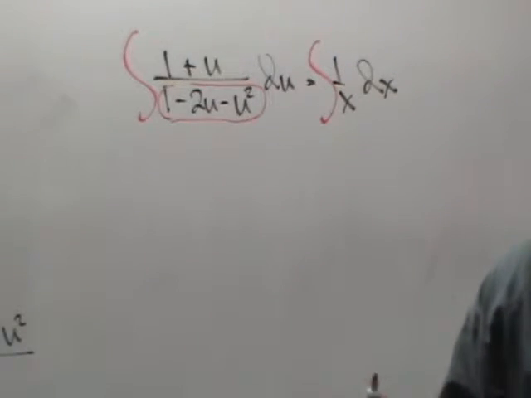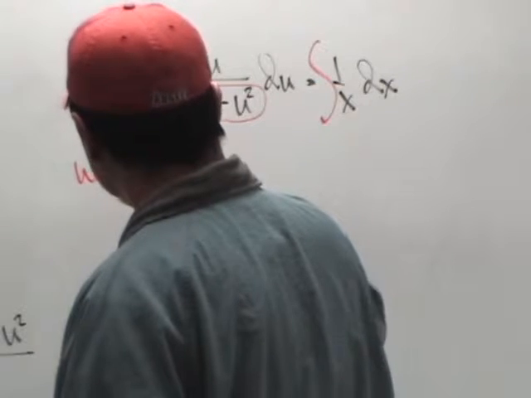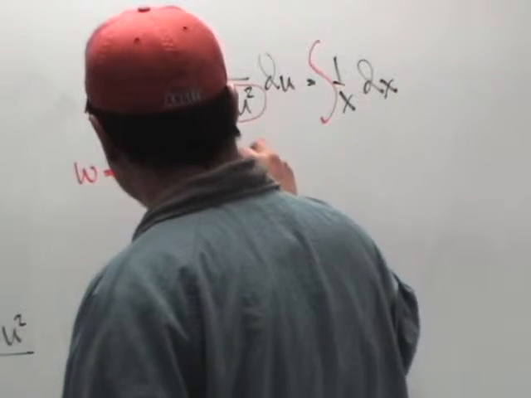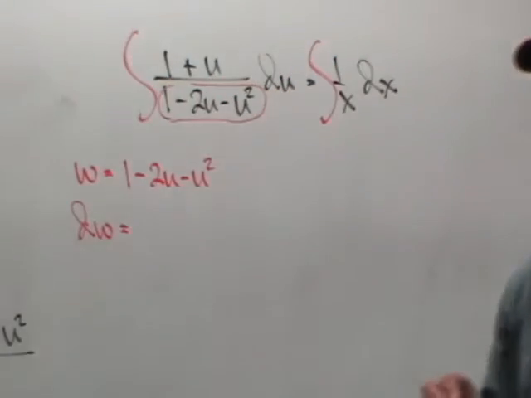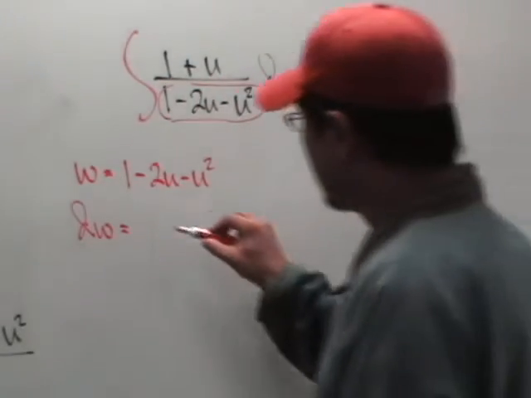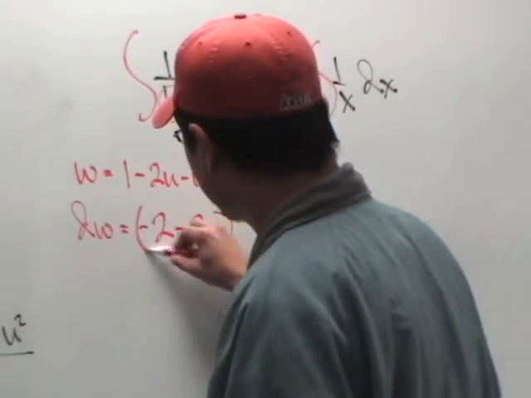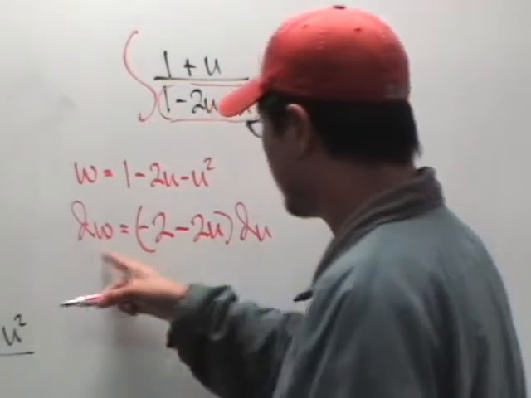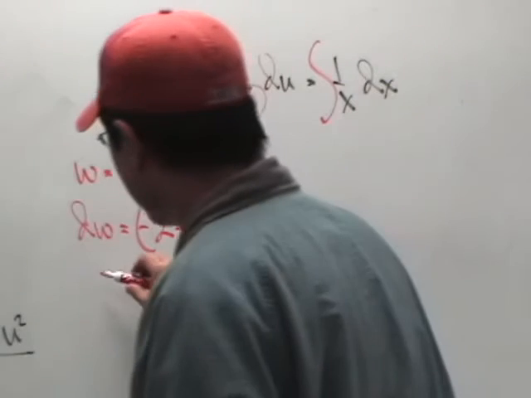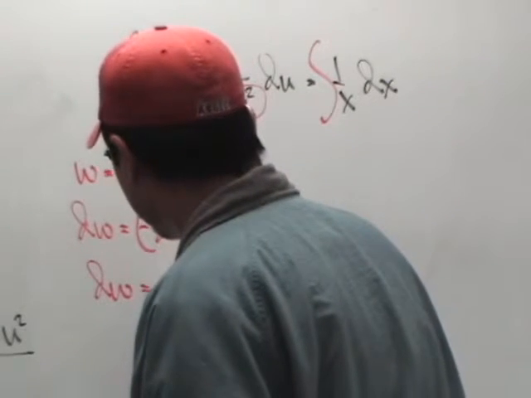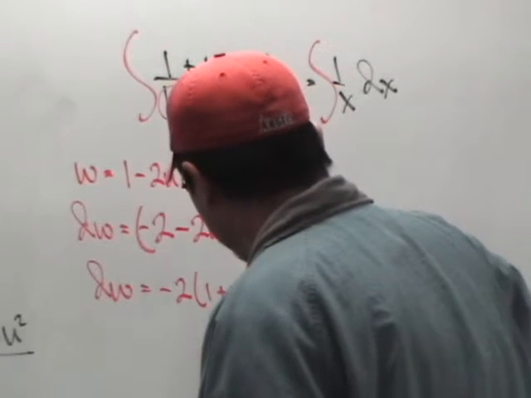You make the substitution: you let w equal 1 minus 2u minus u squared. Then dw is equal to what, guys? Negative 2 minus 2u du. A differential must equal a differential. So now you can factor out a negative 2: dw is equal to negative 2 times 1 plus u du. It's very convenient.